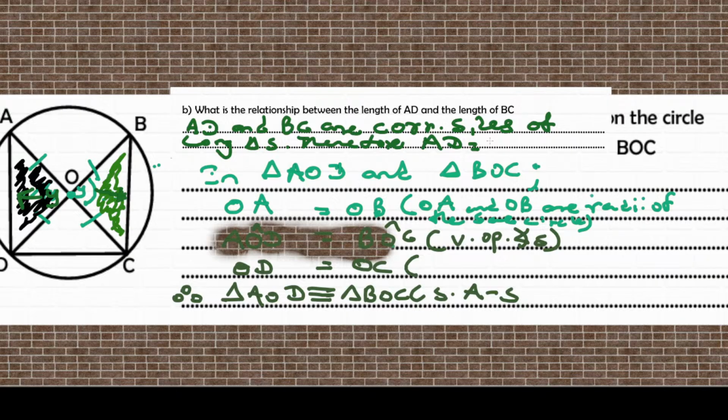The rule is, if two triangles are congruent, their corresponding elements are equal. So since triangle AOD is congruent to triangle BOC, their corresponding elements should be equal. AD and BC are corresponding sides. So due to that fact, AD is equal to BC. All right, let's look at what part C of this question is.